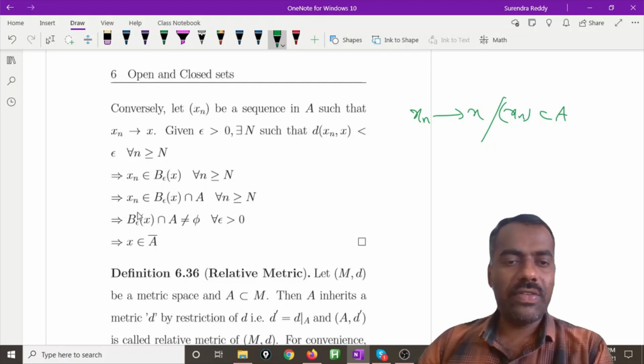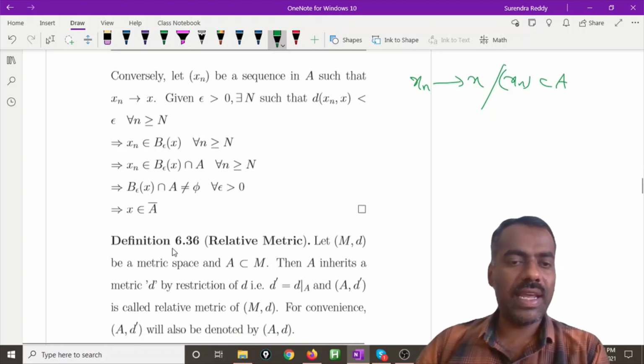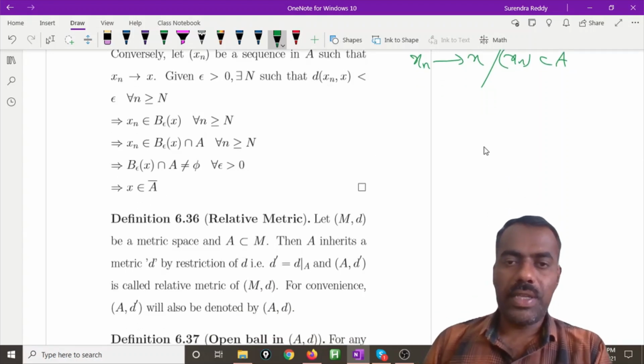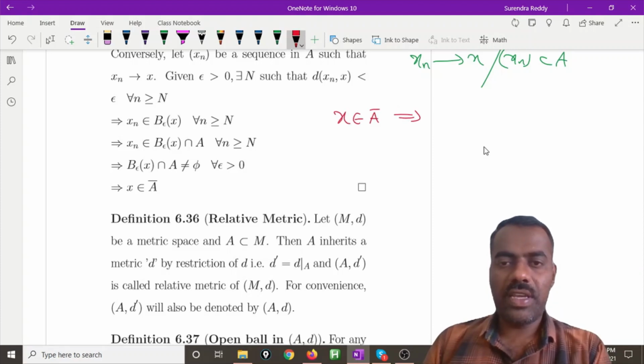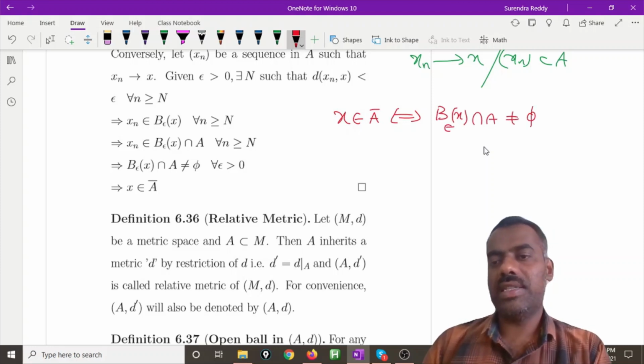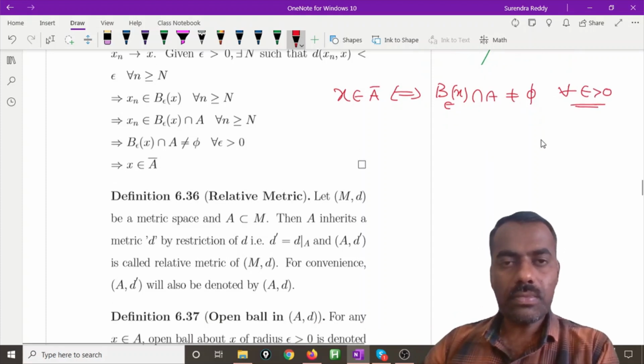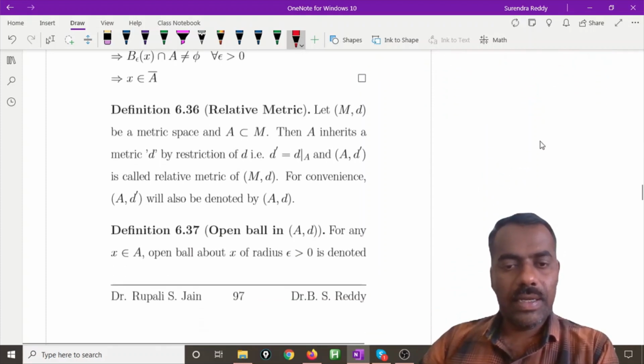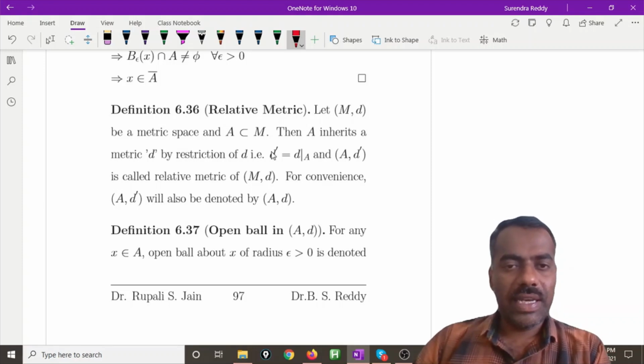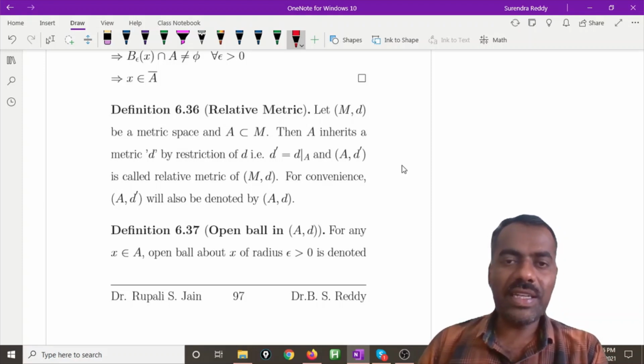You can see that every ball around x intersects A, and hence x belongs to A bar. So that one result about the closure of a set is very, very important: x belongs to A bar if and only if every ball around x intersects E for every epsilon greater than 0, right?